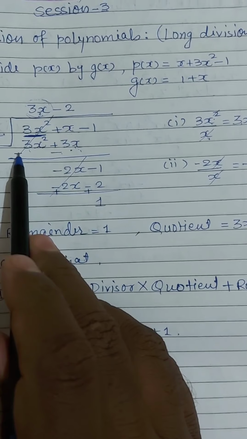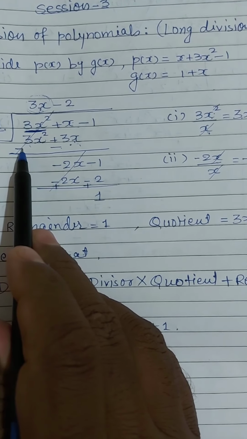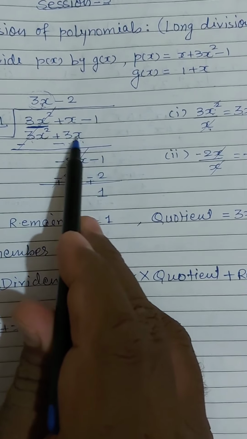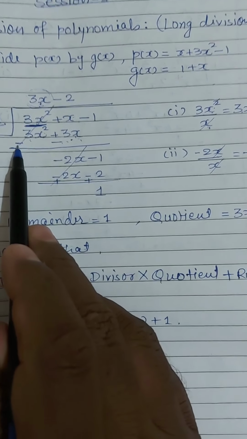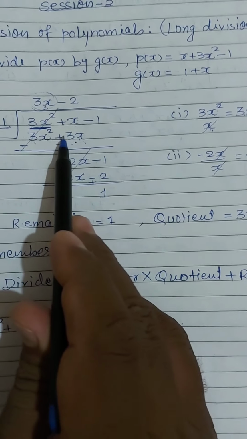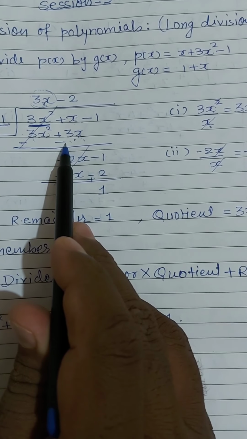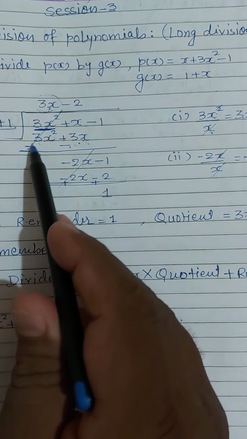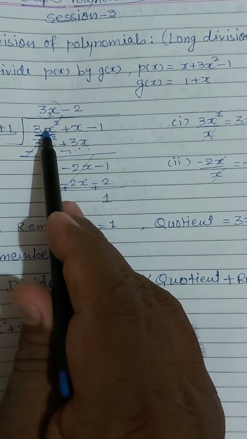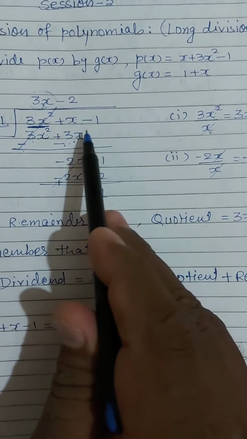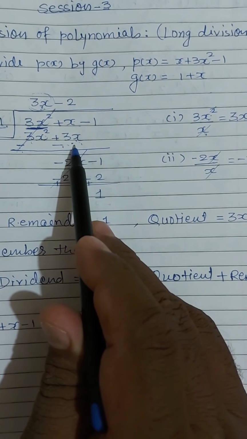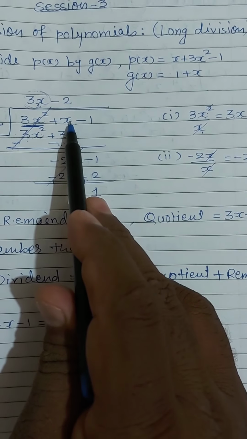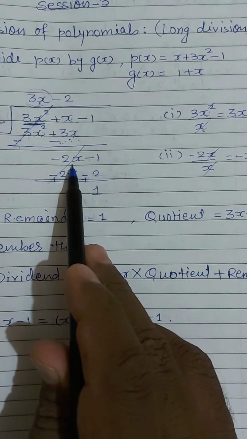To subtract, first of all we change the signs of the terms here. It is plus 3x square, so now it becomes minus, and it is plus 3x, so again it becomes minus. The first term always cancels out: plus 3x square minus 3x square is cancelled. Now come here, it is minus 3x plus x, that is minus 2x.